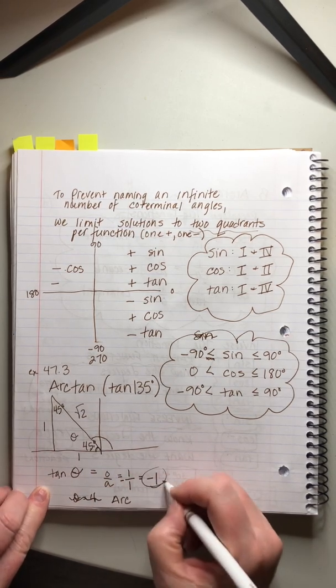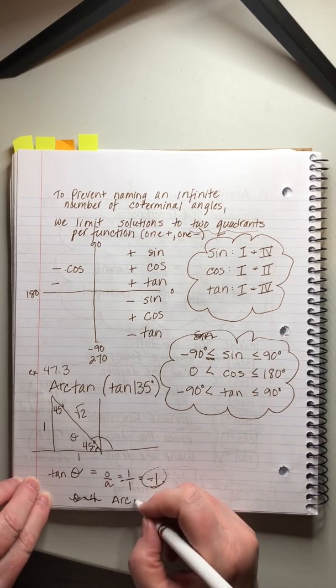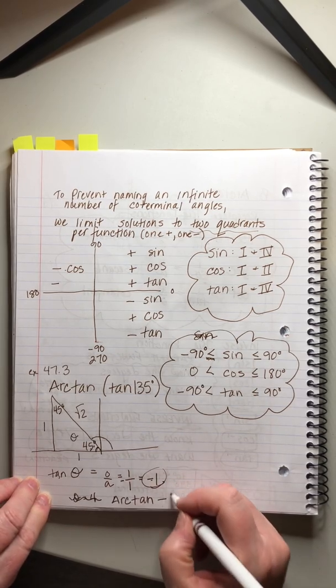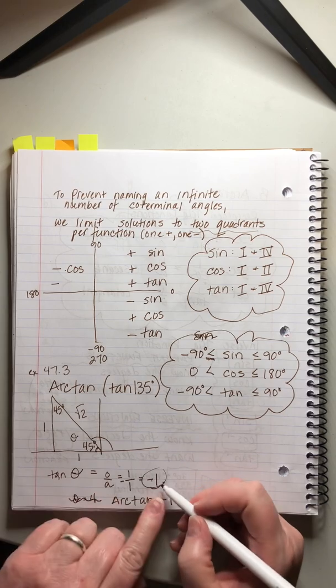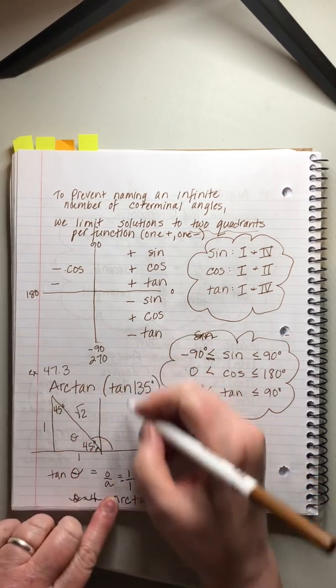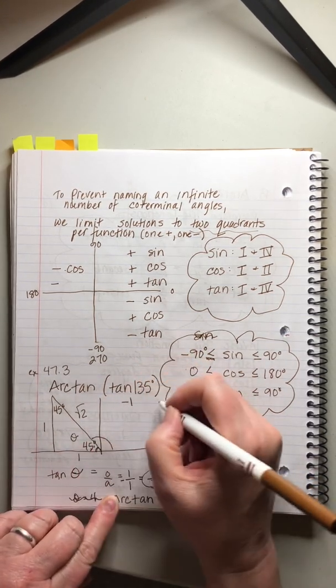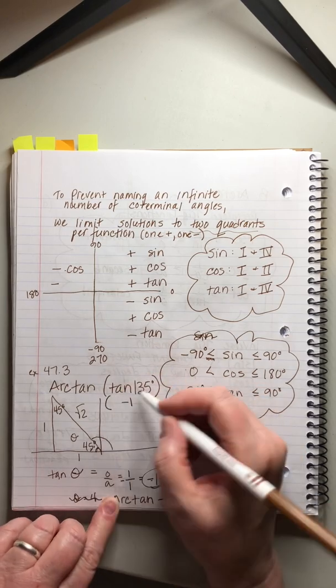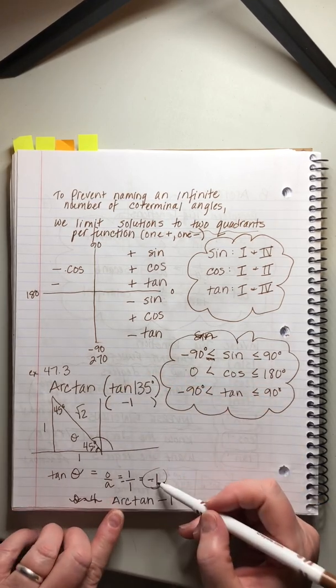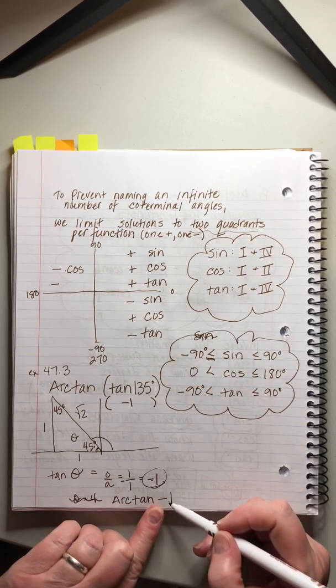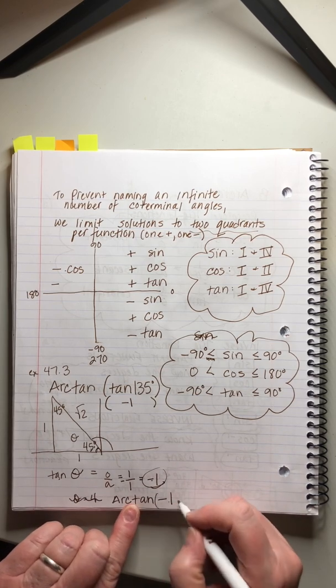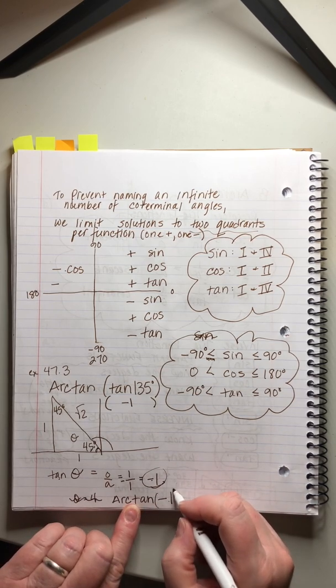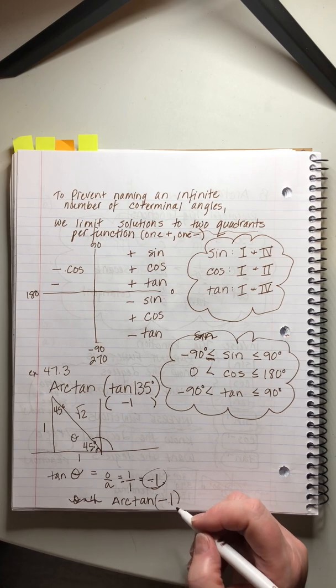Once we get this value, we can say now we want the arc tangent of -1, right? Because this plugs in, this became this. We found out that the tangent of 135 is -1. So now we want to find the arc tangent of -1.